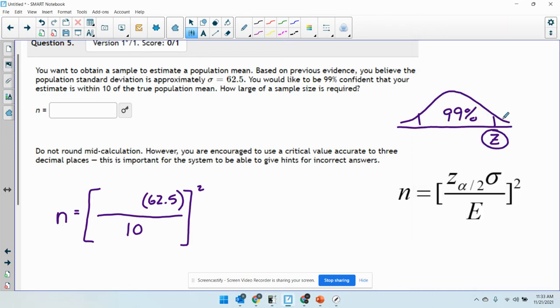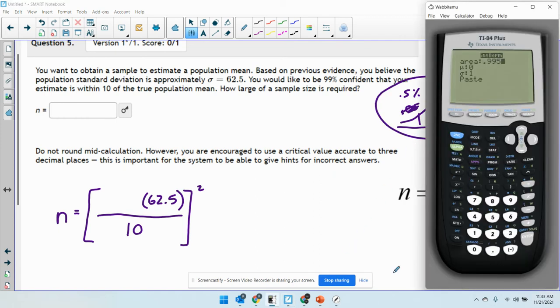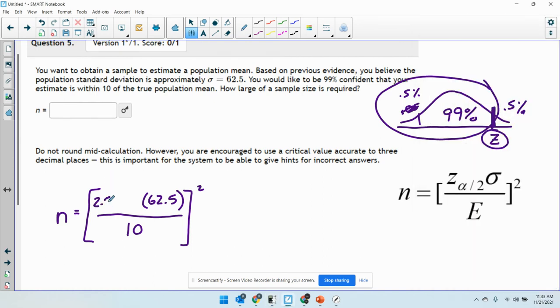If there's 99% between them, there's 0.5% here, 0.5% here, and 0.5% here. So to the left of this is 99.5%, or 0.995. And it's the standard normal, a z-score, so those are going to be 0 and 1. We'll hit paste. So that's our value here, 2.576.